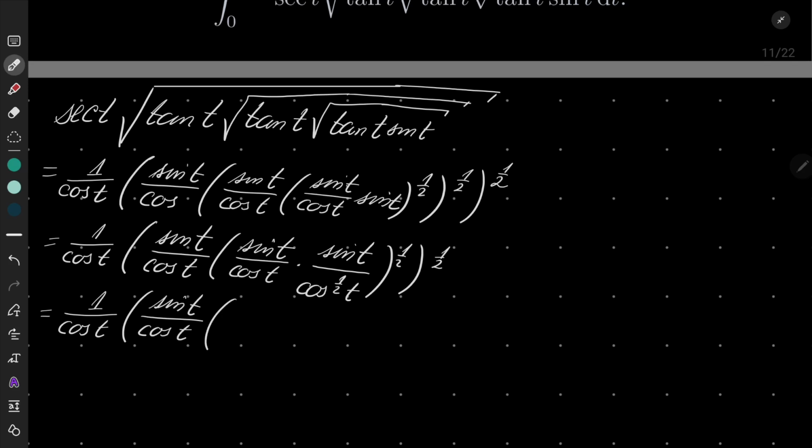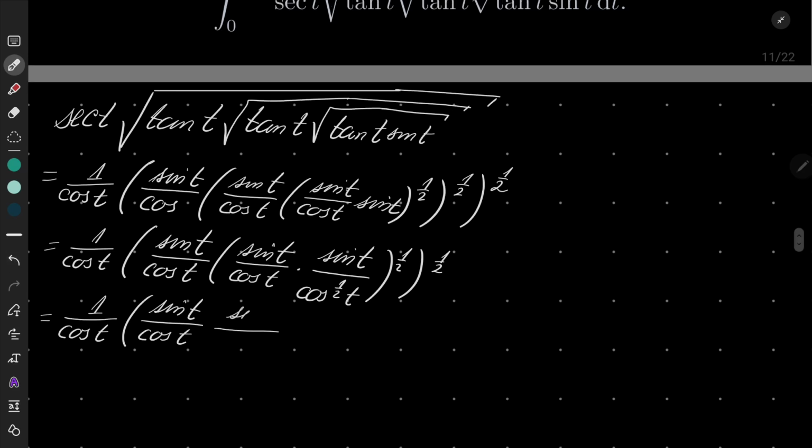And now here I have sine times sine, it's sine squared, but sine squared to the power 1/2 is again just sine. And here I have cosine of t times cosine to the power 1/2 of t. It's cosine to the power 3 over 2, but I'm raising it to power 1/2, so it's cosine of 3 over 4 of t.